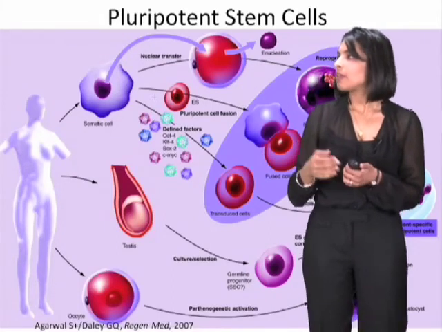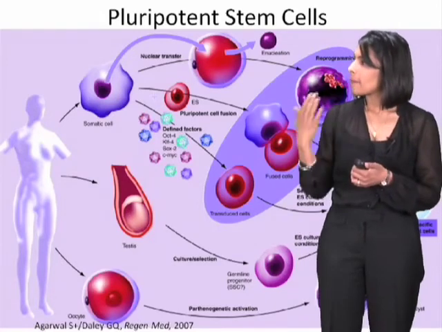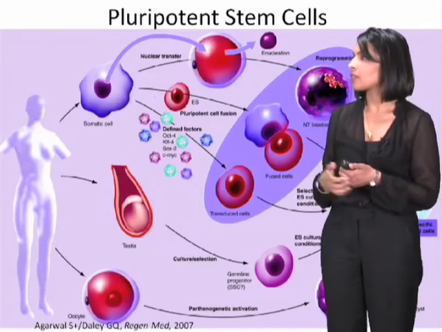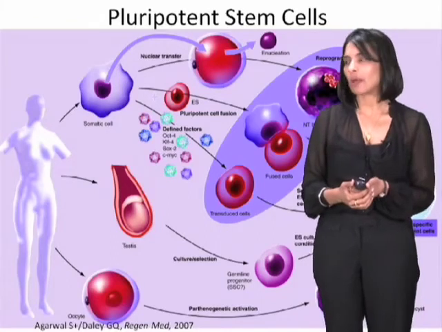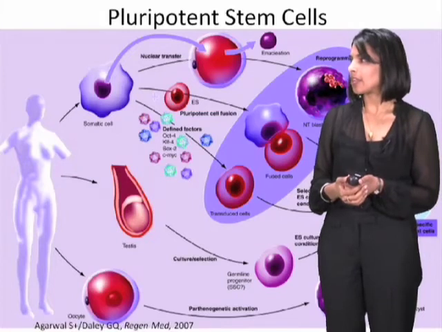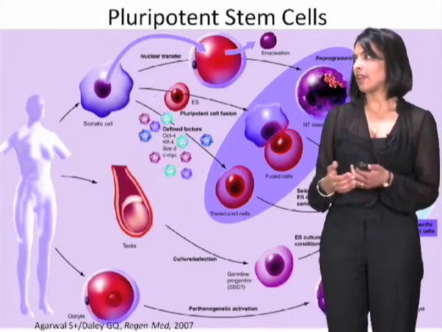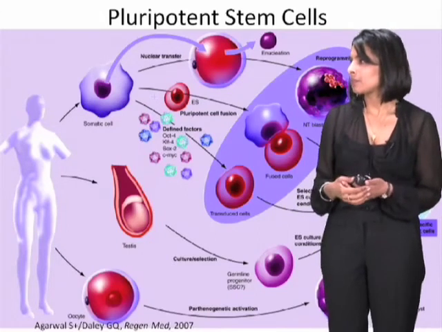Those cells then will start to grow into a blastocyst structure, shown here. And the blastocyst, which is the early embryo, has a pocket of cells known as the inner cell mass. If one cultures cells from the inner cell mass, one can create so-called pluripotent stem cells or embryonic stem cells. And the pluripotent stem cells, the embryonic stem cells, will have the same genetic identity as the original patient.